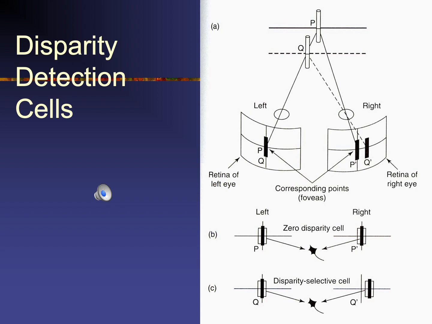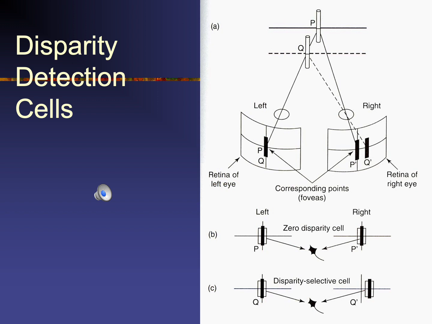Like many other areas of perception, especially visual perception, discrepancies like this are probably being responded to by networks of cells, so that when a discrepancy occurs, when there's a disparity between the parallax of P and Q, for example. When you see the two pins labeled P and Q, in the left eye they're seen as lined up.